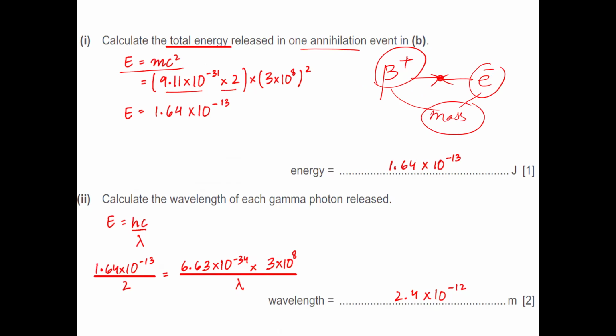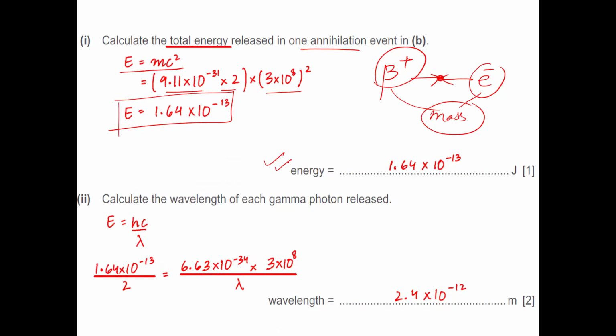So this will be the energy, and we know c is the speed of light in vacuum, 3 times 10 power 8 whole squared, and the energy we are going to get is 1.64 times 10 power minus 13 joules. So this is the amount of energy being given out in a process of annihilation.